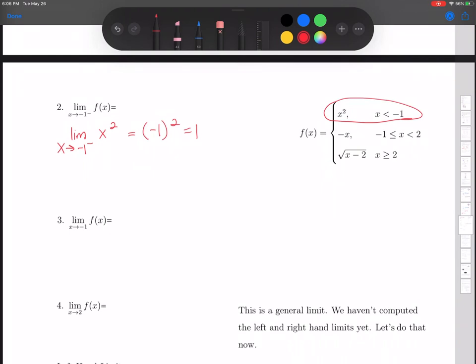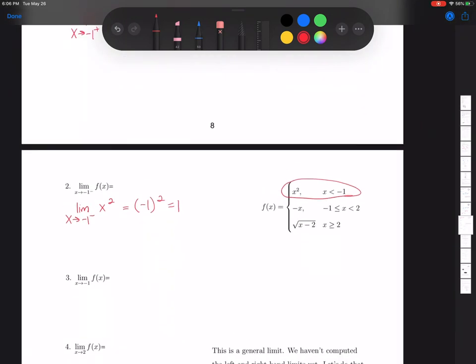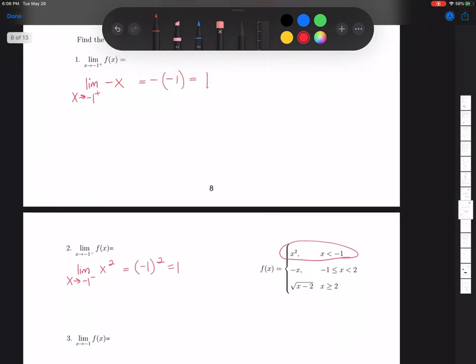Okay, so now when we're coming down to part 3, notice that part 3 is the general limit of what we just did, right? We first looked at, in number 1, the limit as x approaches -1 from the right. Then part 2, the limit as x approaches -1 from the left. And now we have the general limit, the limit of f of x as x approaches -1 in general, right? So what do we got?